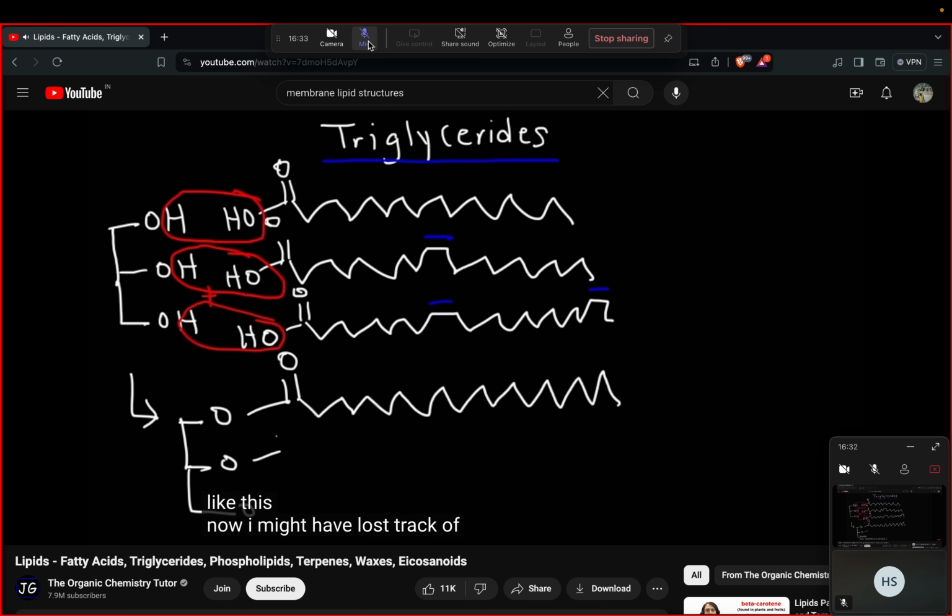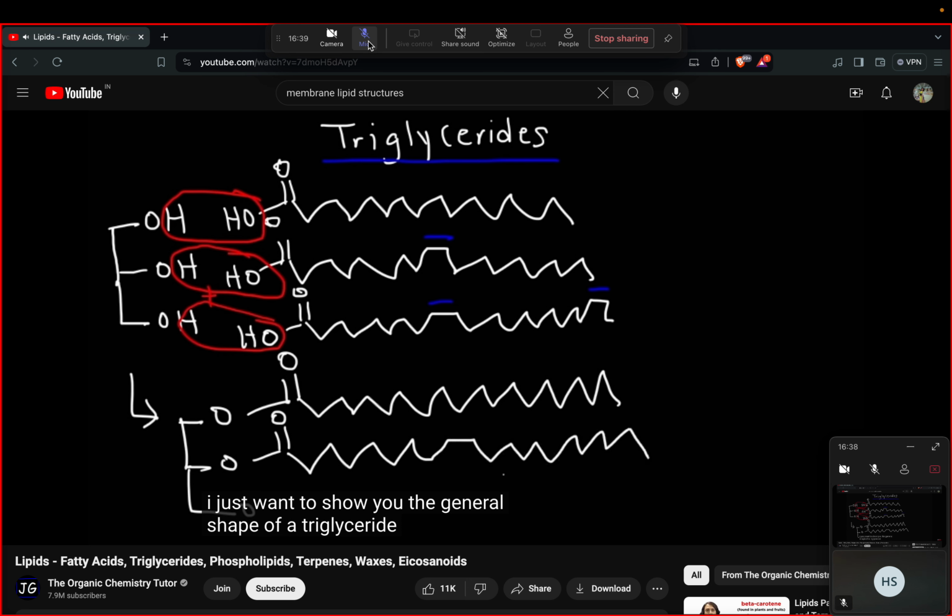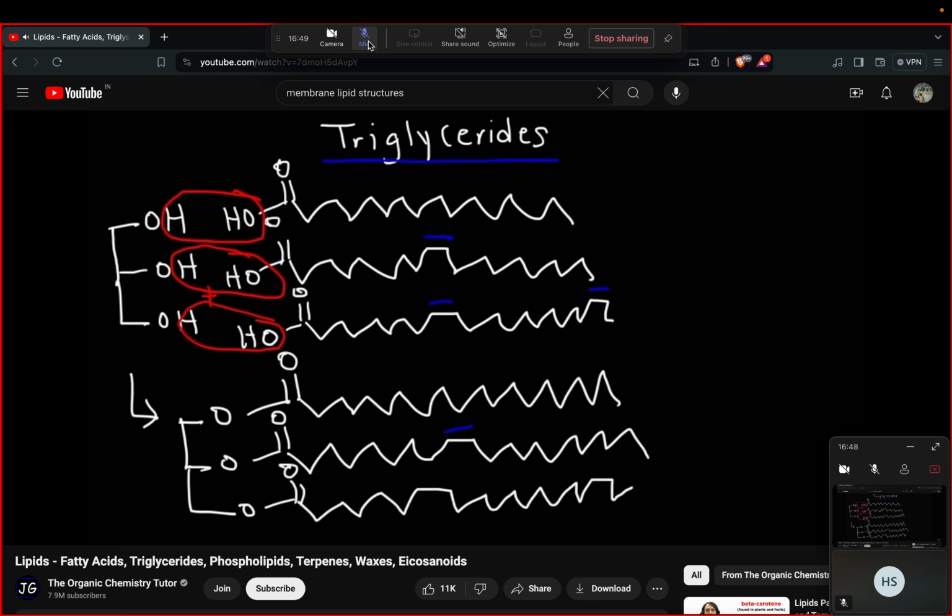Now, I might have lost track of the number of carbon atoms I had at the beginning, but I just want to show you the general shape of a triglyceride. So this is an example of a triglyceride.